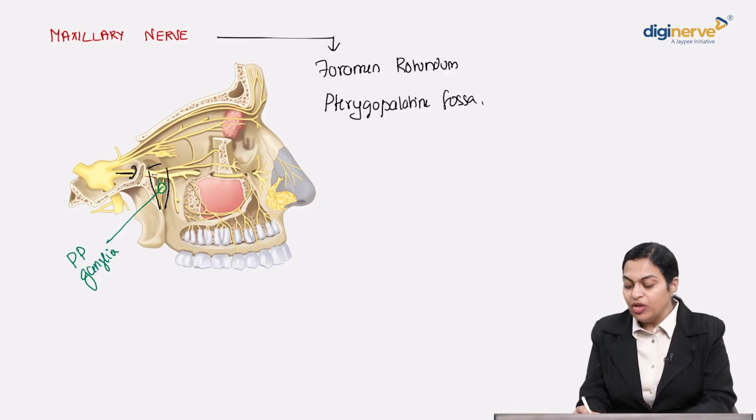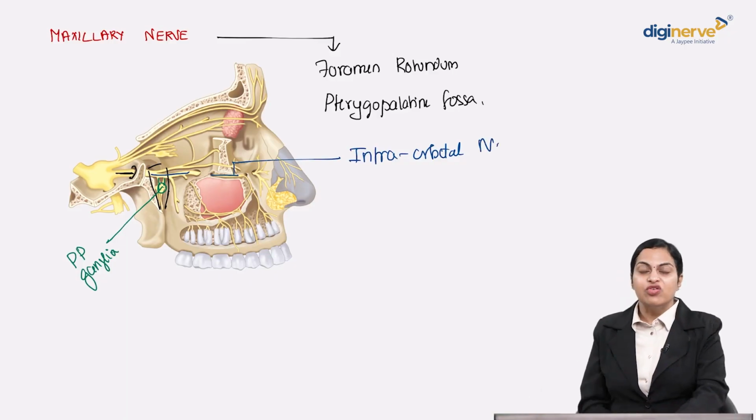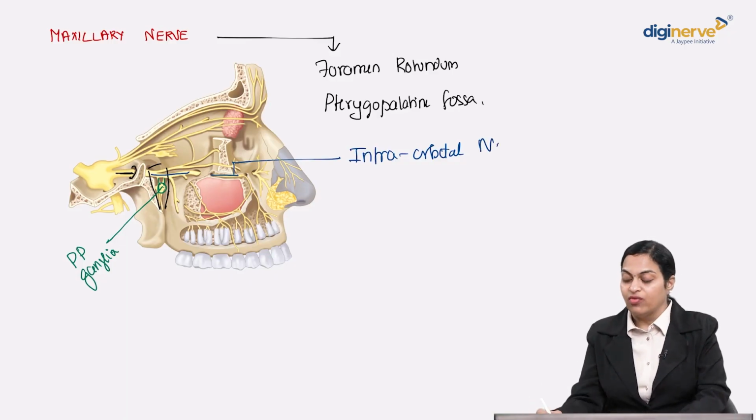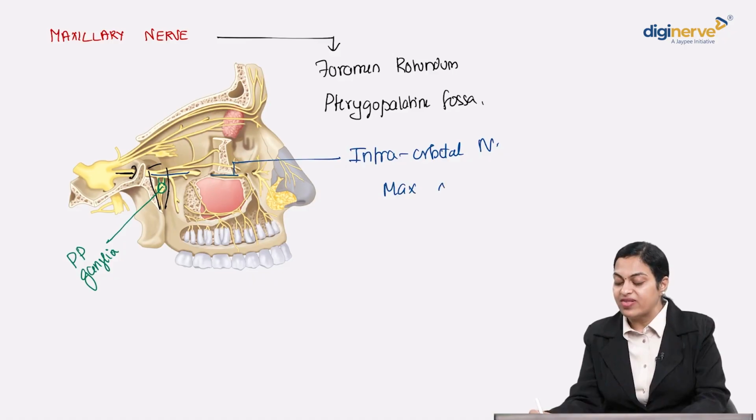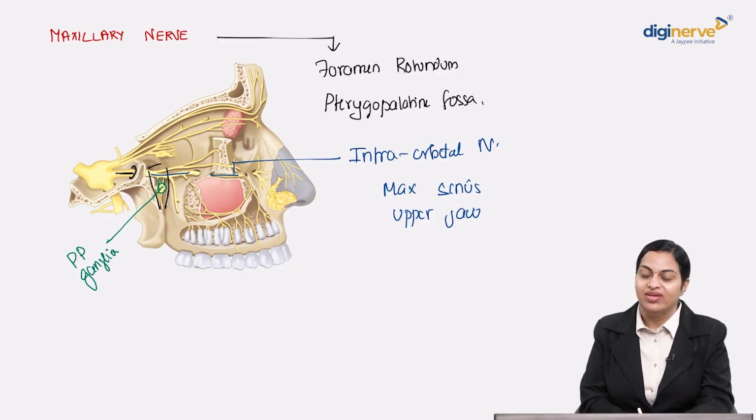The main continuation of this maxillary nerve will enter the orbit as the infraorbital nerve. The branches of the maxillary nerve will of course supply the maxillary sinus, the upper jaw, and we saw, right, the skin over the mid part of the face. So yes, any involvement of this nerve can lead to pain over the territory supplied by it.